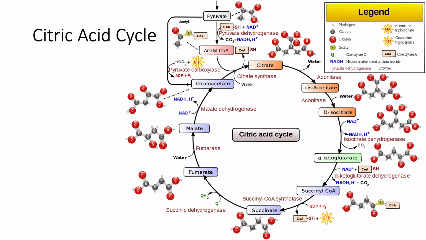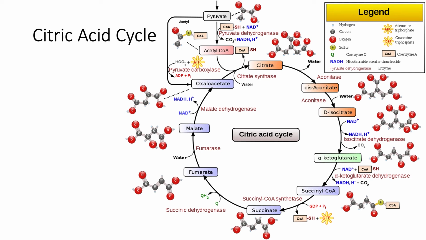However, the next step is really important as a carbon is removed, releasing carbon dioxide and converting a molecule of NAD+ to NADH. And this results in the 5-carbon sugar alpha-ketoglutarate, and of course, it's only 5 carbons because one of them was released as a carbon dioxide molecule.